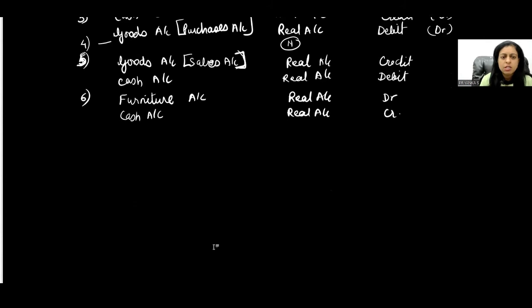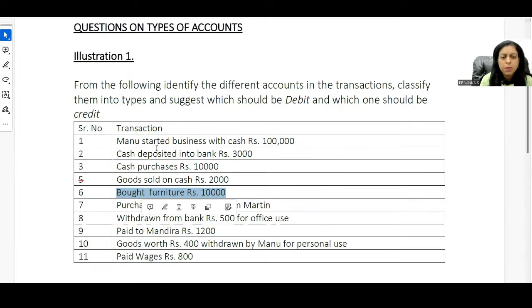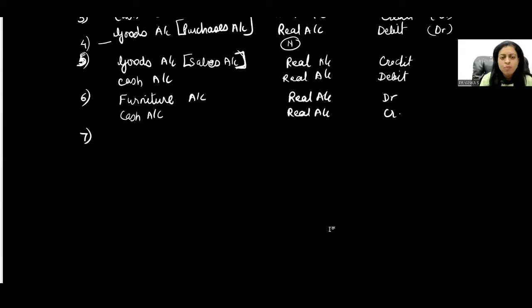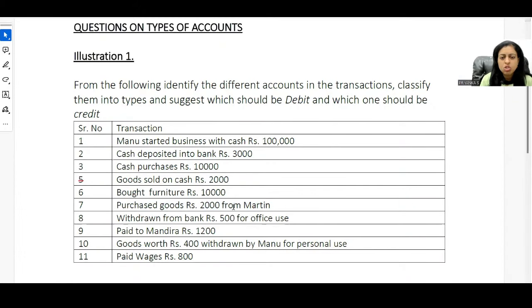Fine. Next, seventh. Purchased goods rupees 2000 worth from Martin. Now this transaction, pay attention carefully. See, as I told you earlier also, accounting is an art. It is not maths. So here we have to analyze and understand what is happening. Purchased goods from Martin.